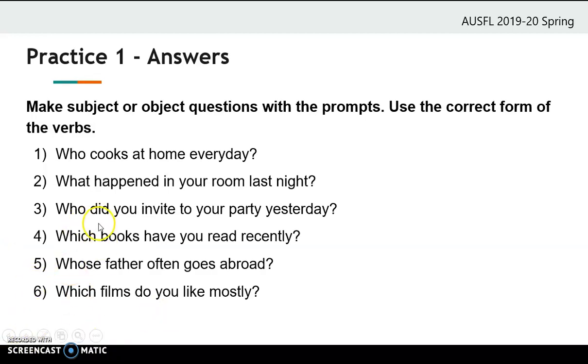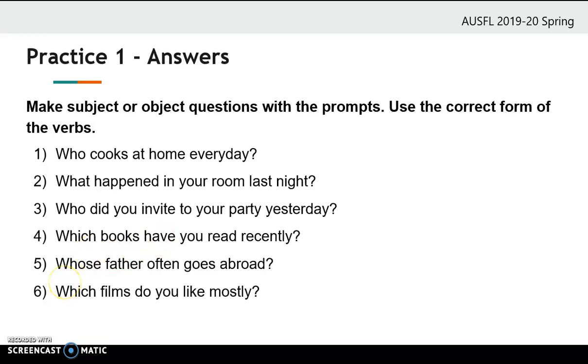Question 4. Which books have you read recently? Again, you is the subject and we are asking for the object. This is another object question. And because of recently, we need the auxiliary verb for the present perfect tense. Which books have you read recently?